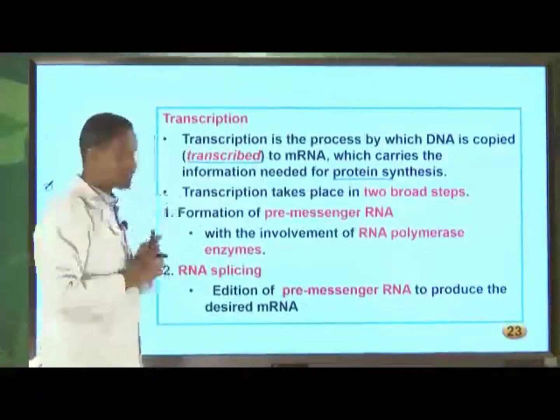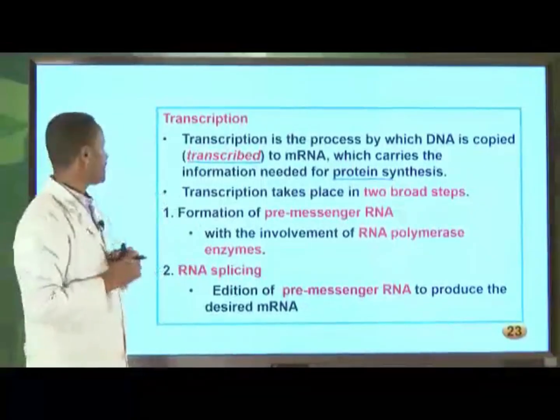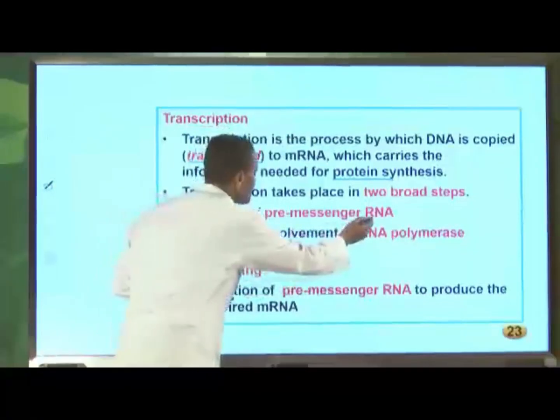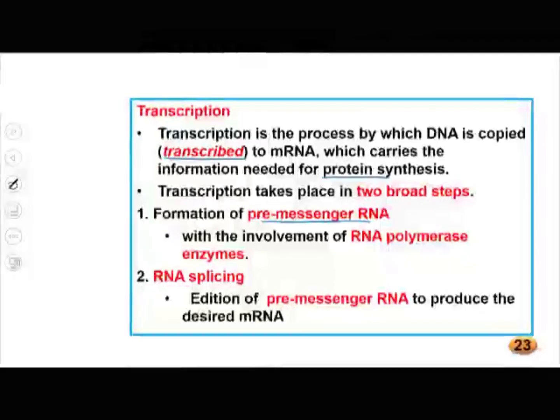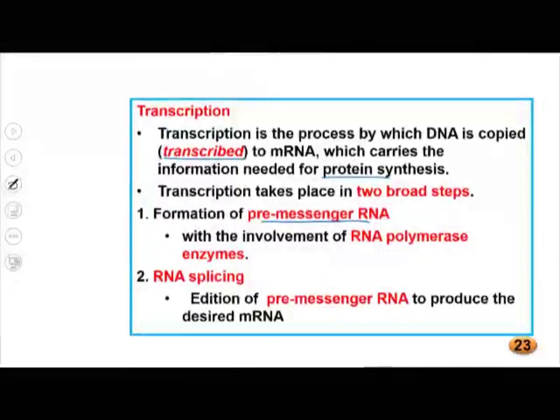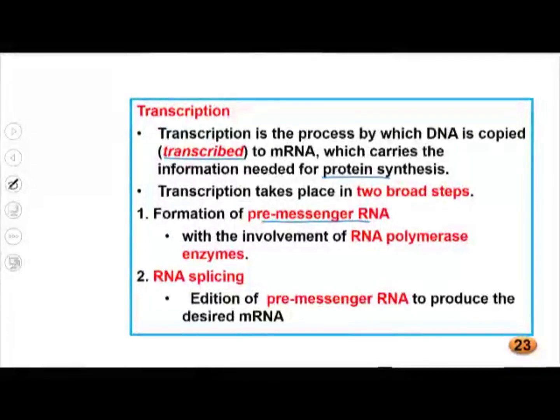The first step of transcription is the formation of pre-messenger RNA. This takes place with the involvement of the enzyme which we call RNA polymerase enzyme. The second step of transcription is RNA splicing.